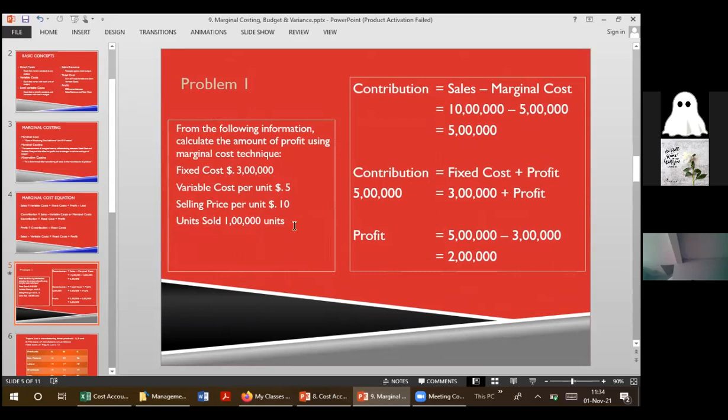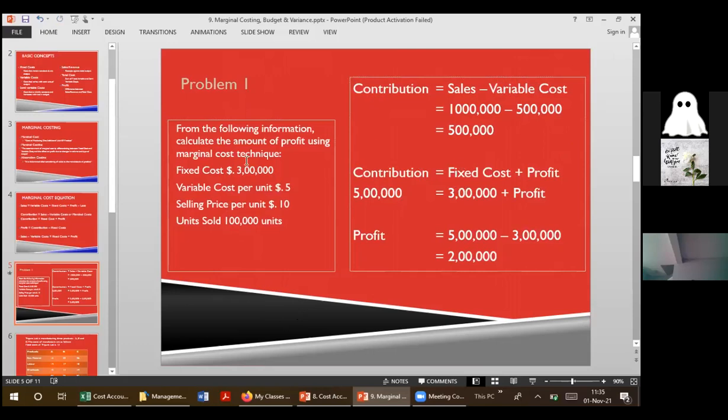We can have the sales. Sales will be 100,000 units multiplied by selling price per unit. That is 1 million. You see over here, 1 million sales minus variable cost gives us our contribution.